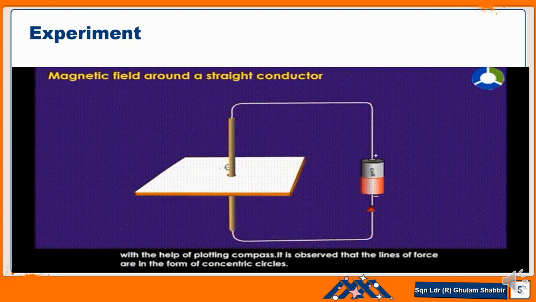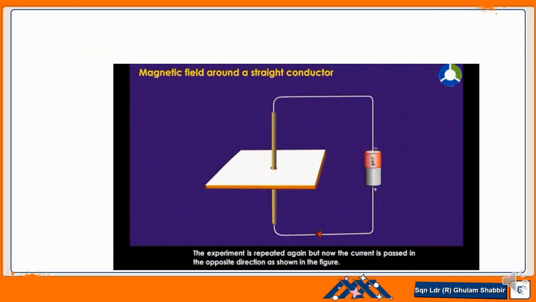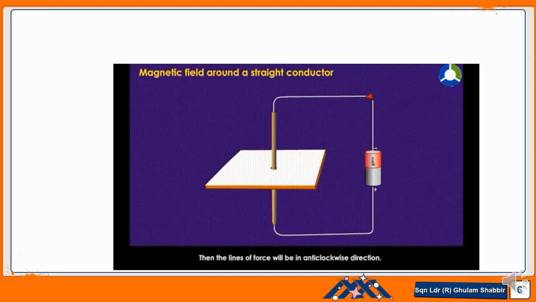Okay, so in the next apparatus, we can see that if the direction of the current is reversed, because the battery terminals are reversed, now the positive is down and negative is up, then the magnetic field lines direction is also reversed. You can see in this.